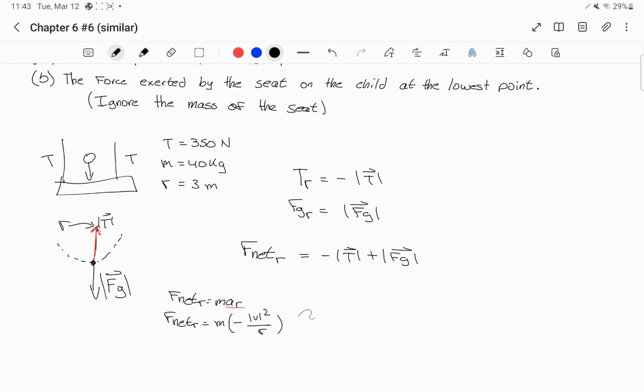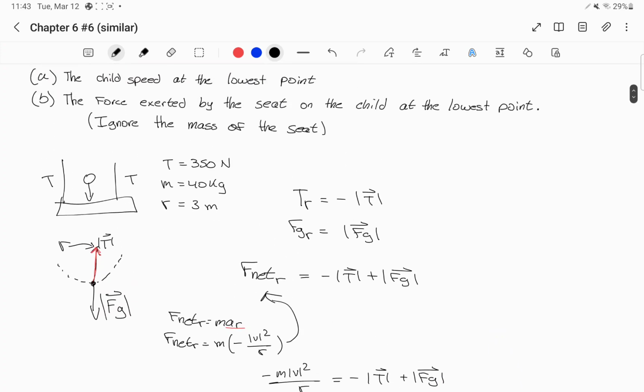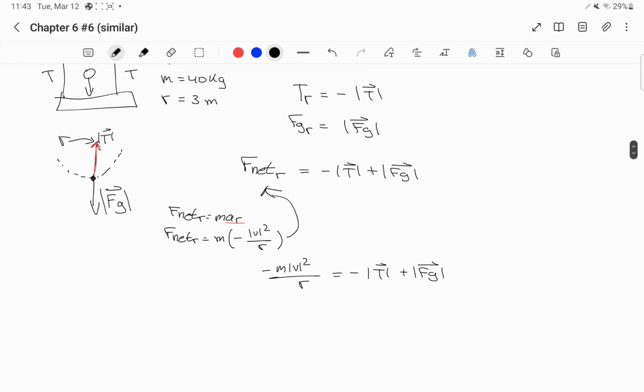Now, plug this into here. We will have negative m, the magnitude of v squared over r, is equal to negative T plus F of g. So they want us to find the speed of the child at the lowest point. So we would simply just need to solve for v.